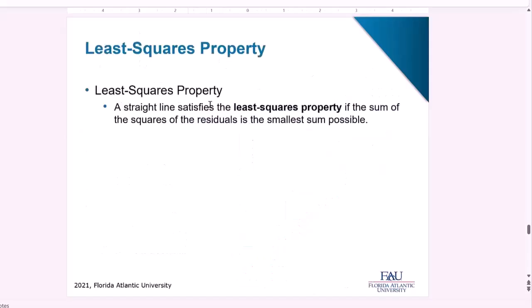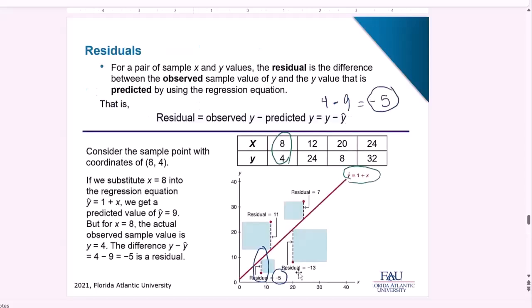The least square property: a straight line satisfies the least square property if the sum of the squares of the residuals is the smallest possible sum. For example, here I have these residuals, -5, 11, 7, and -13.